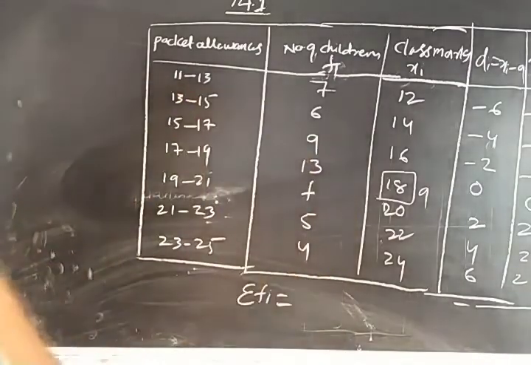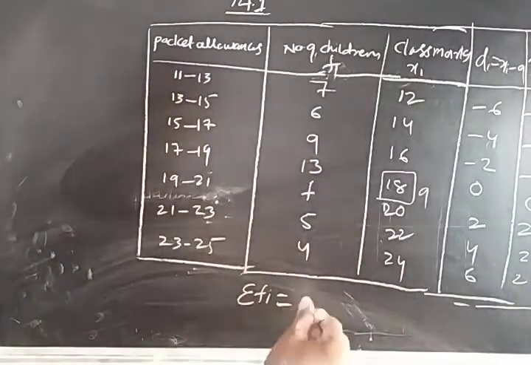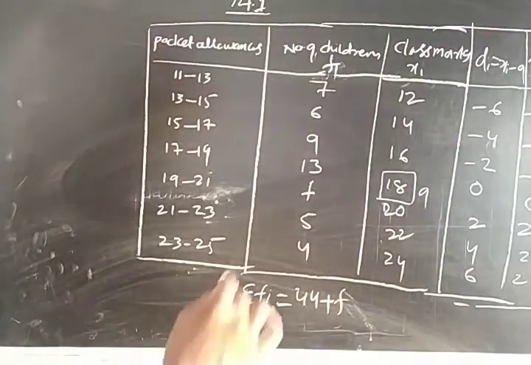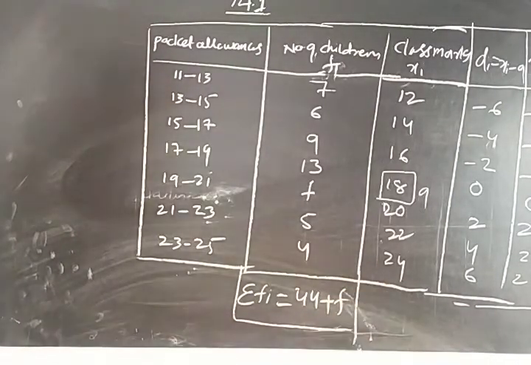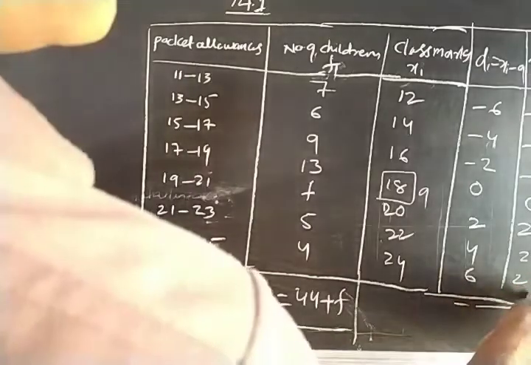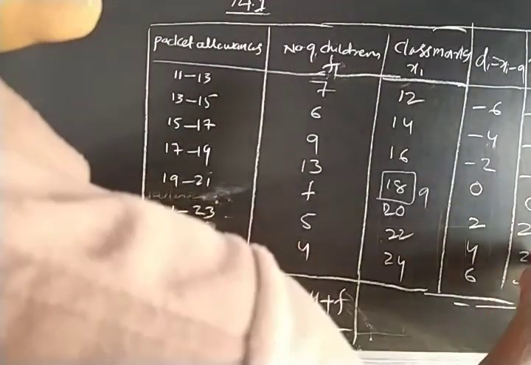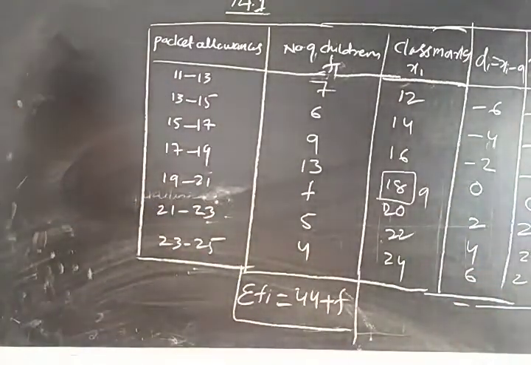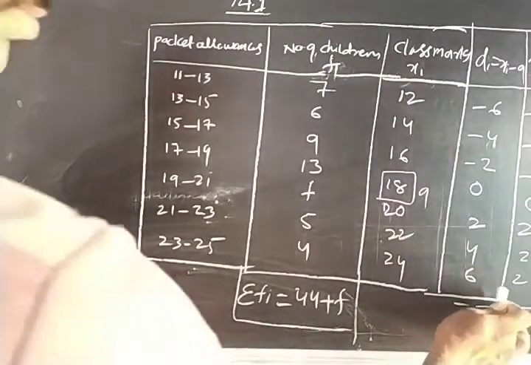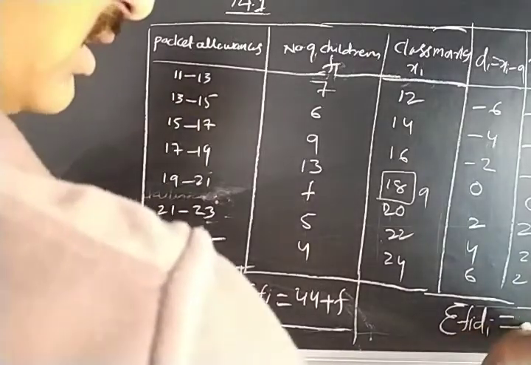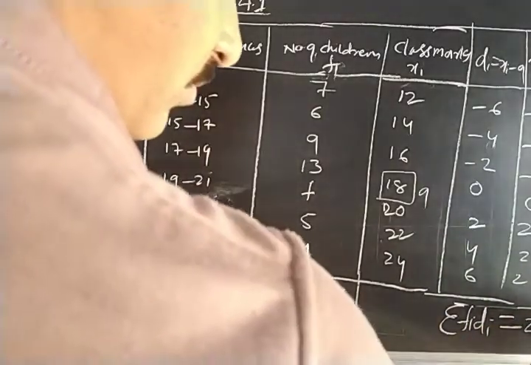So summation fi is 44 plus f. By adding these values, the 24s cancel, 20 minus 18 is 2, minus 40 plus 2f. So summation fi into di is 2f minus 40.